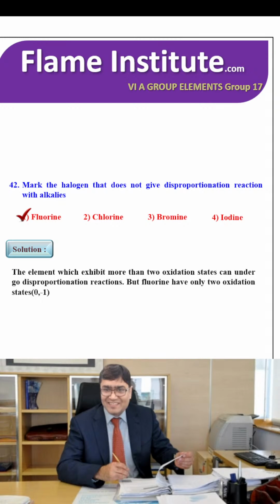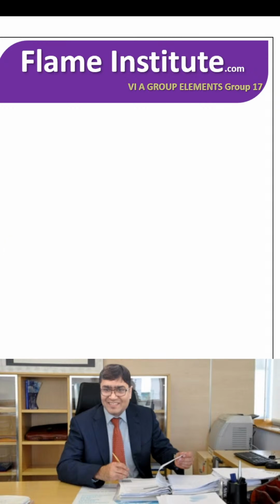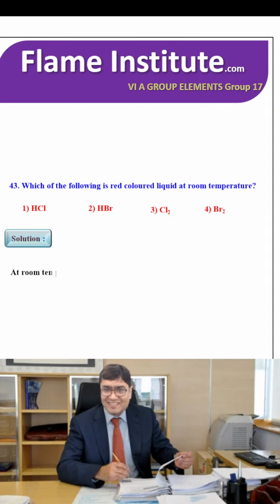So fluorine is the correct option. Which of the following is a red colored liquid at room temperature? HCl, HBr, Cl2, or Br2. At room temperature, Br2 is a reddish brown colored liquid. So Br2 is the correct option.